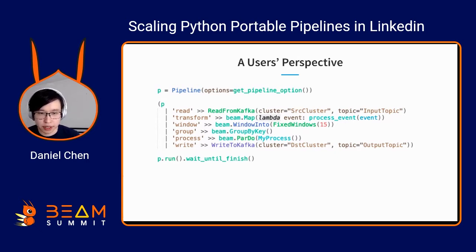The next part is the transforms, the lambda, the process event. This is the executable stage, which gets passed to the SDK runner to be run as a UDF here. And everything else gets transformed, as I mentioned in the previous slide, except for ParDo as well. This is passed back into the Python process.